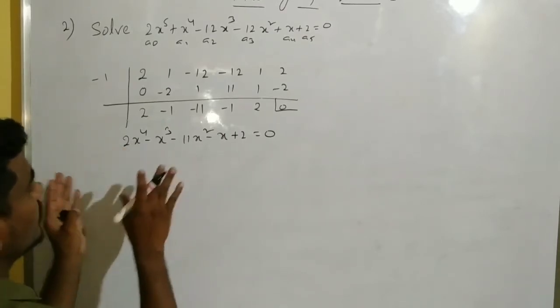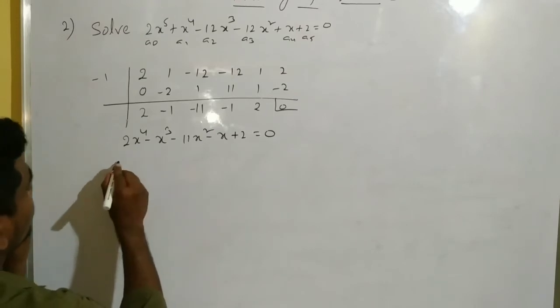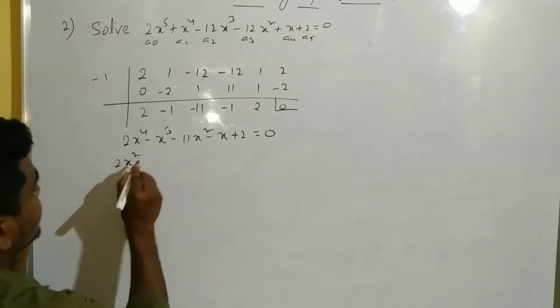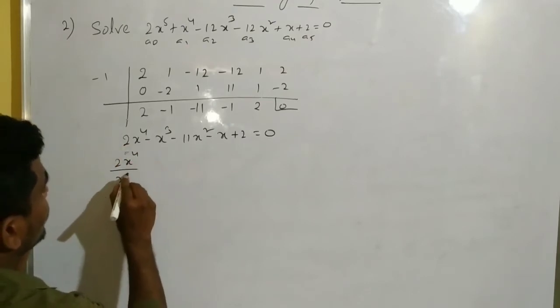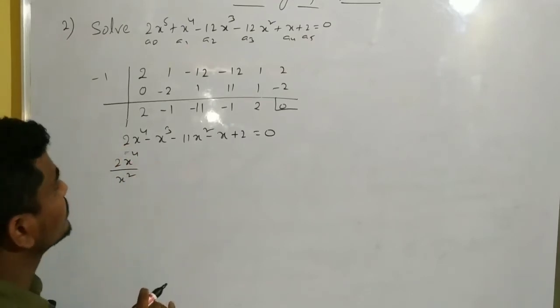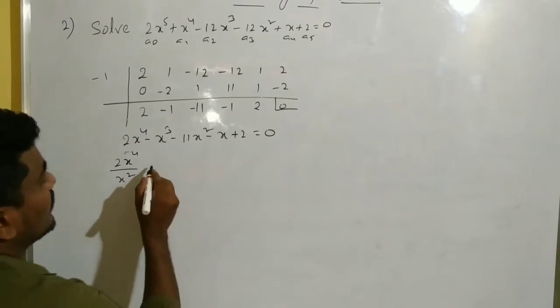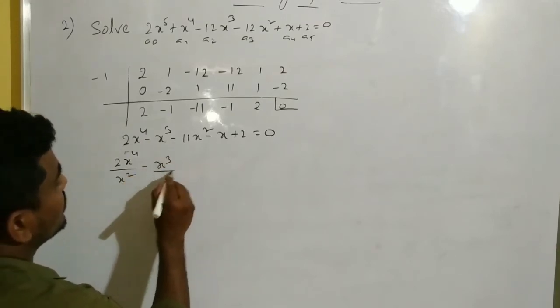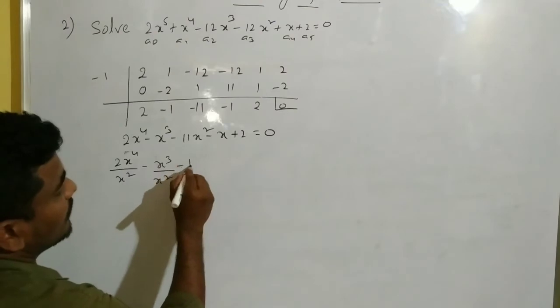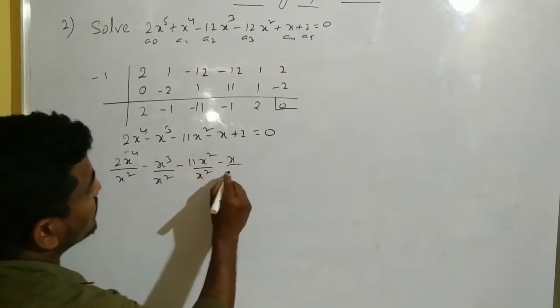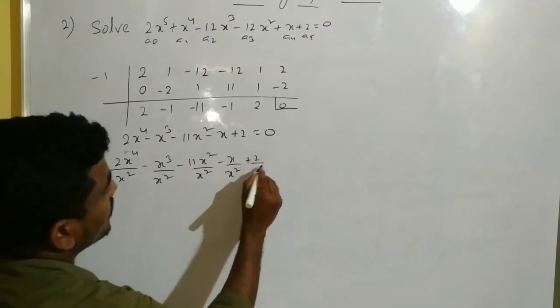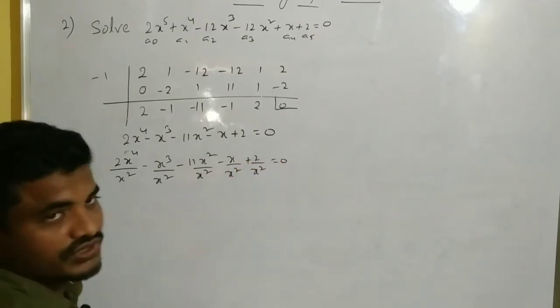First of all, 2x power 4 by x square, minus x cube by x square, minus 11x square by x square, minus x by x square, plus 2 by x square equals 0.